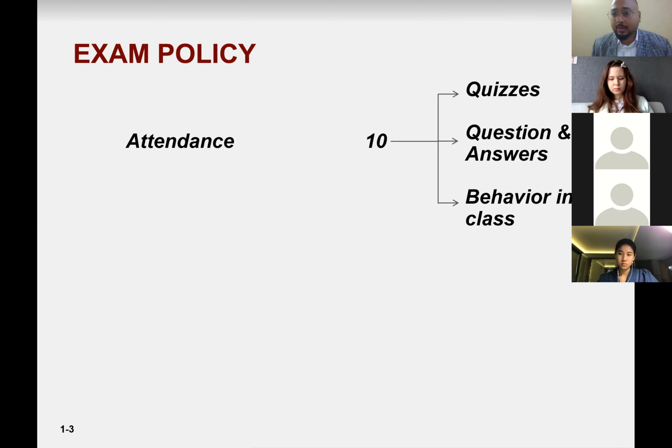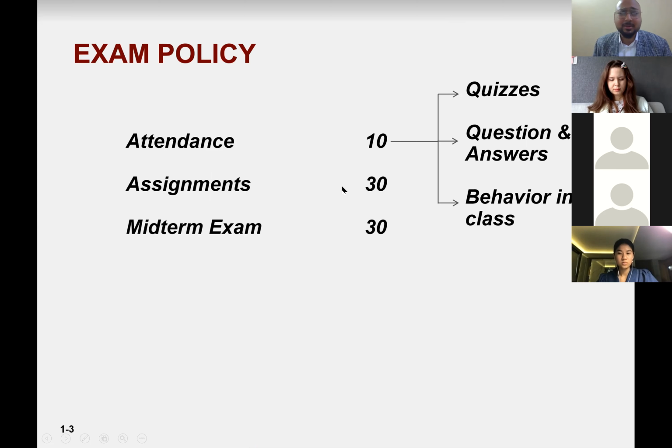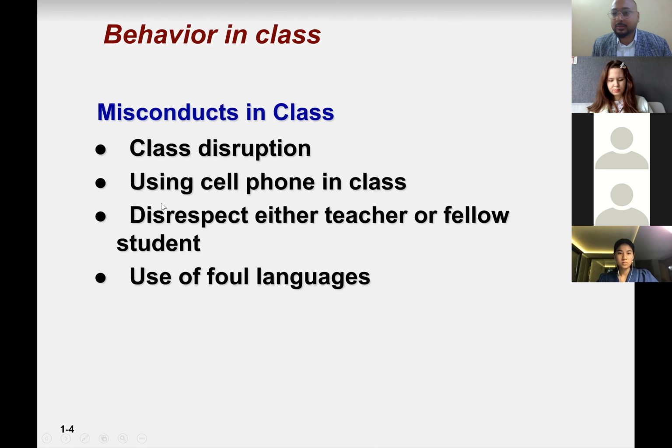If I find that you are not showing your engagement, I would encourage it through quizzes, and quizzes do have marks. Question and answer gives you participation marks, so total 10% of your overall grade, 30% assignment, 30% midterm, and 30% final. And then we talked about misconduct in class, so I'm not going to repeat that.